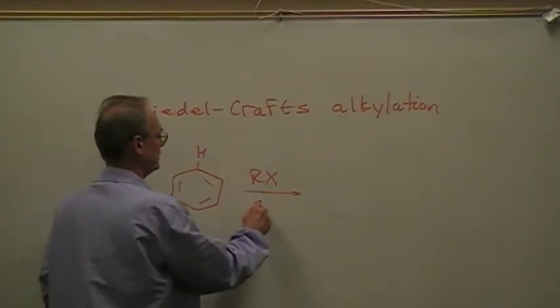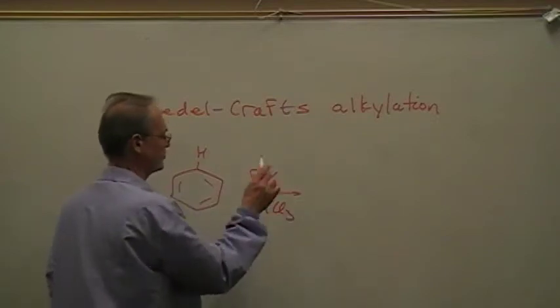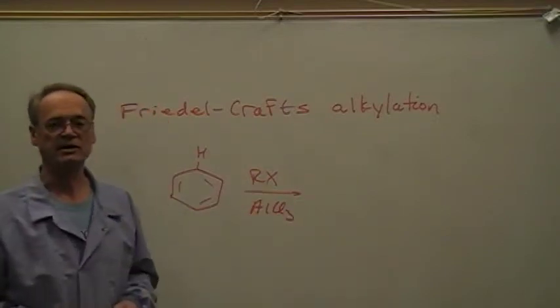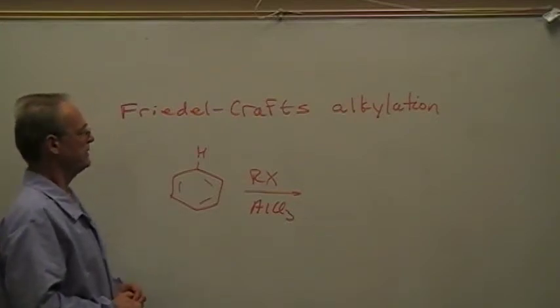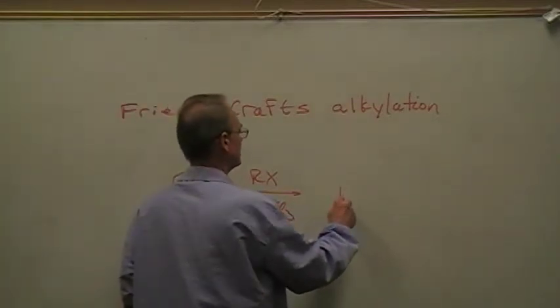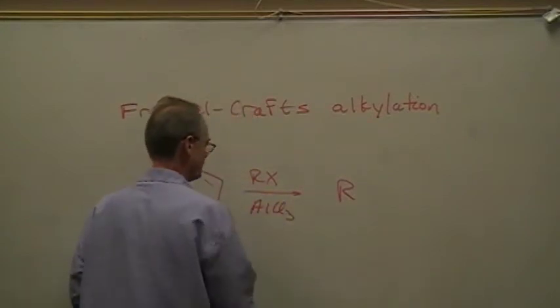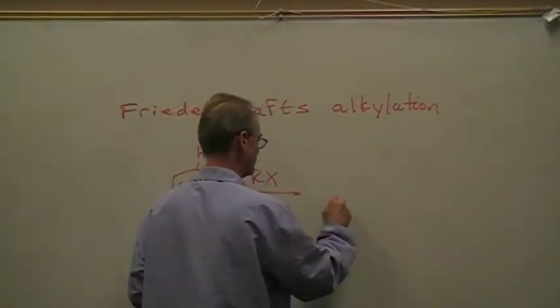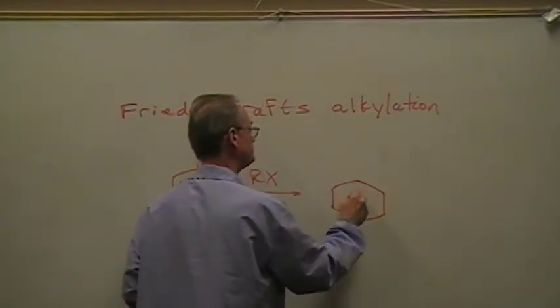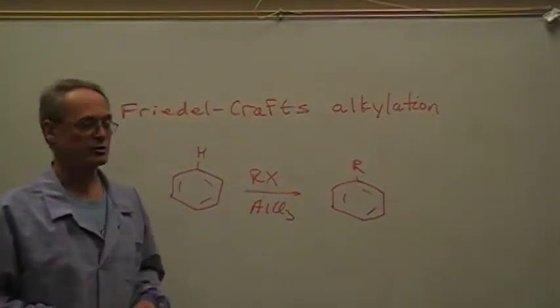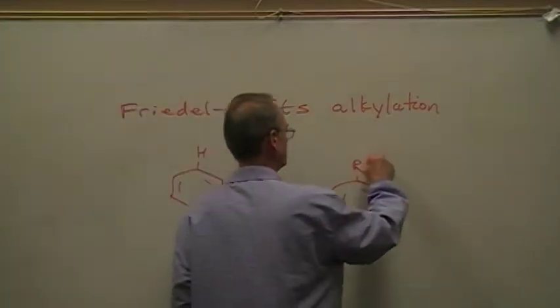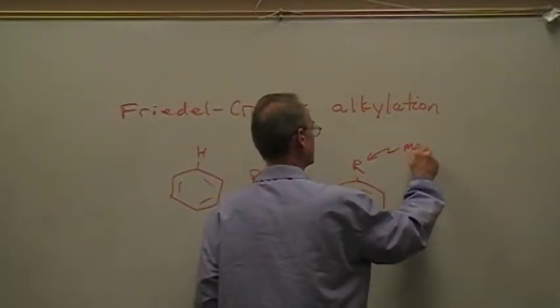And then we're going to put in a very powerful, again there's that word, very powerful, Lewis acid catalyst, aluminum trichloride. Okay. And the net result of this is that you attach an R group onto the benzene ring. Now, one thing that we should point out here is that the R group may be rearranged.